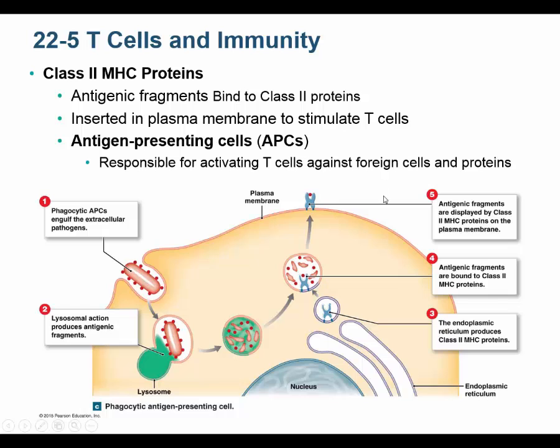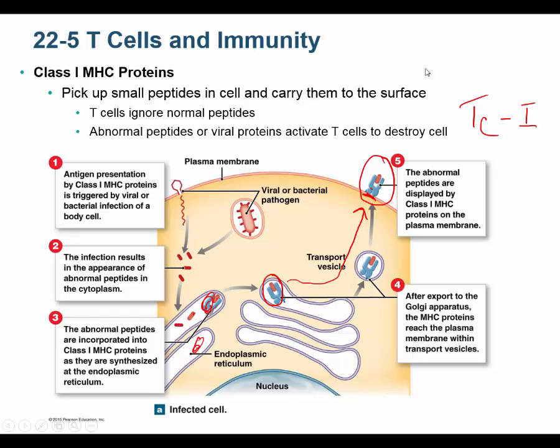Now this is a class 2 MHC molecule presented with a foreign antigen. And the difference is, what's going to recognize this is a T helper. So T helpers recognize class 2s, whereas back here, T cytotoxics recognize class 1.